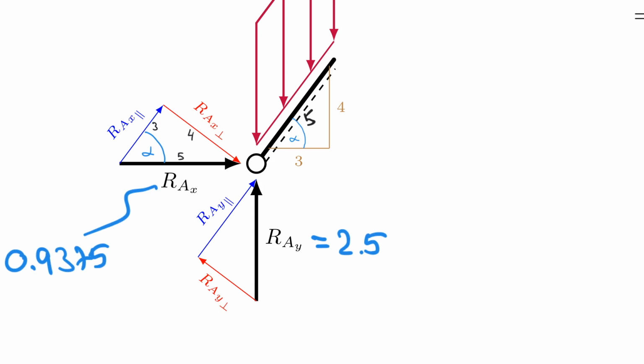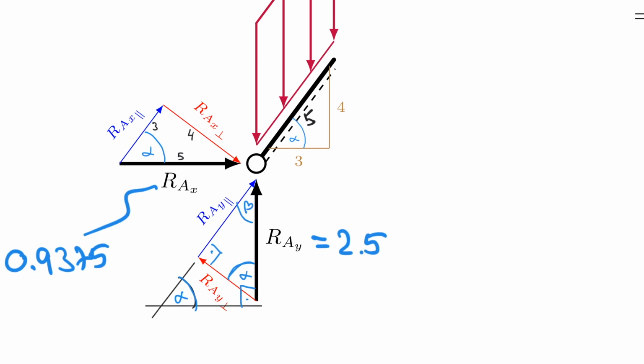And similarly, I can do something for RAY, but the way that's easiest for me to see actually is if I extend my line that's parallel. So if I have a line that's parallel here, and then I have a horizontal line, then I get easily my alpha again. So here I have alpha, and that triangle that I just drew has a 90-degree angle, and so that turns this into, let's call it beta, and therefore this angle here must be alpha again, right? Because we have the right angle right here.